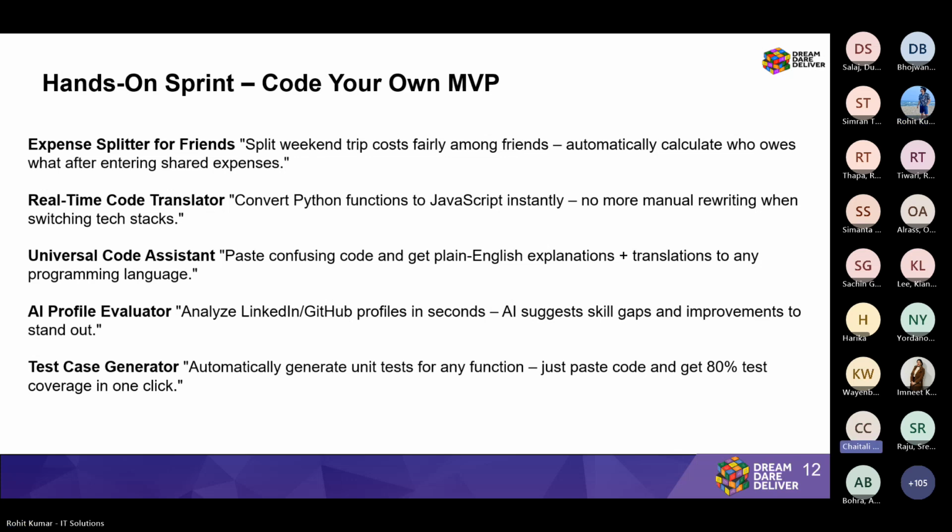Yeah, Rohit. I have started working on that AI profile evaluator, as I already had GitHub and LinkedIn API keys. With the help of Cursor, I am able to create a front end and back end. I will share my screen.